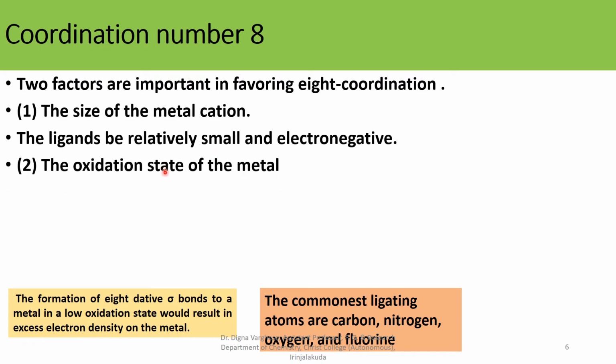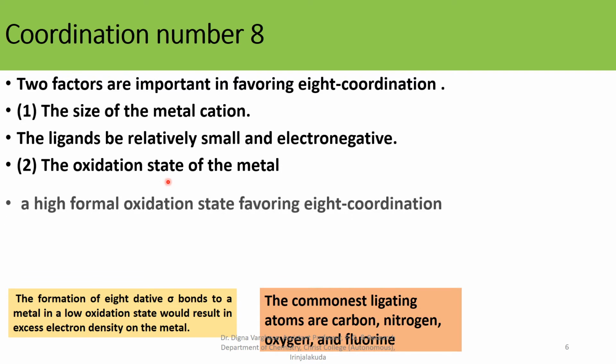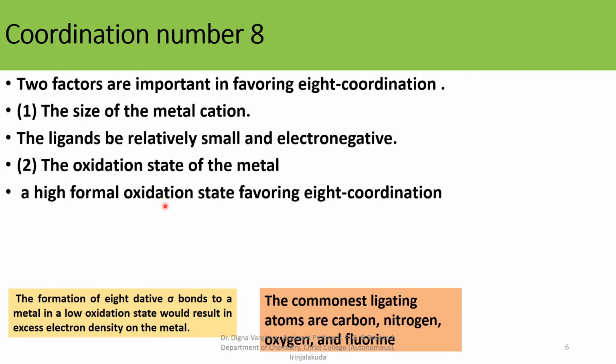The second factor which is important in favoring 8 coordination is the oxidation state of the metal. A high formal oxidation state favors 8 coordination. The formation of 8 dative sigma bonds to a metal in a low oxidation state would result in excess electron density on the metal.